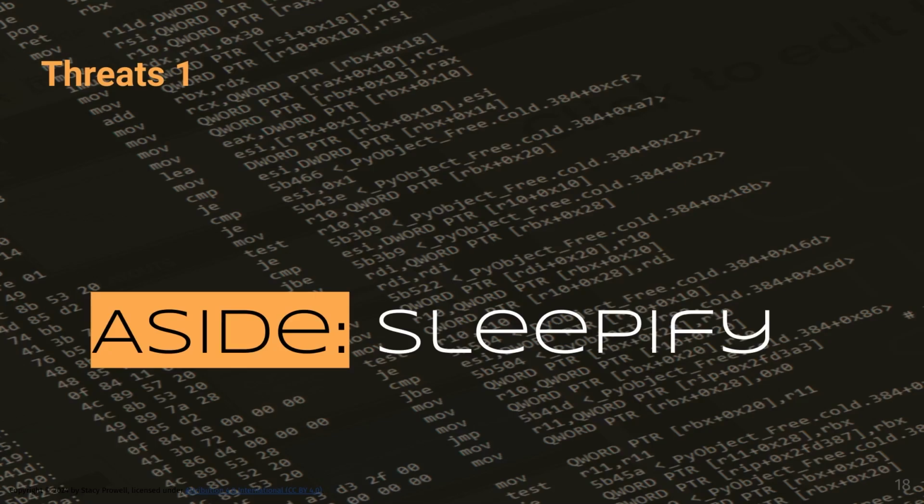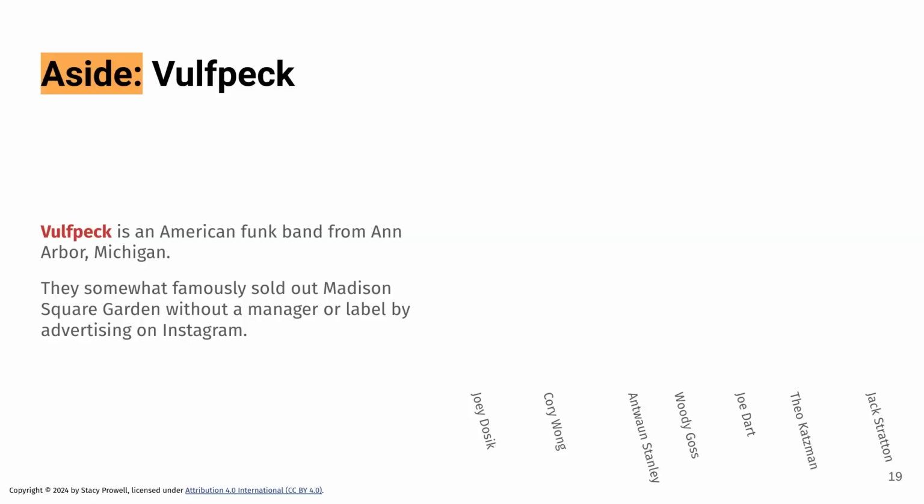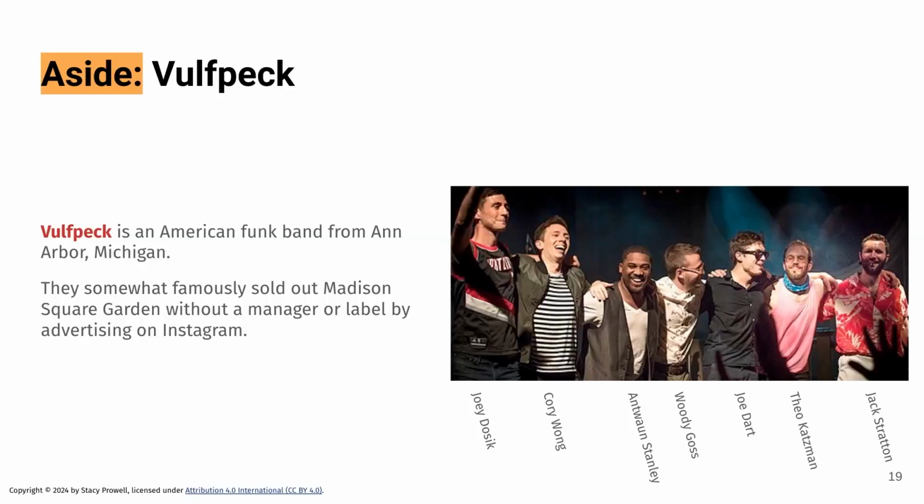This is an aside, but I think it's an interesting aside from a security point of view. So the band was Wolfpack. Wolfpack is an American funk band, and they hail from Ann Arbor, Michigan. That's where a lot of these bands come from. And they're sort of semi-famous for selling out Madison Square Garden without a manager and without a label.